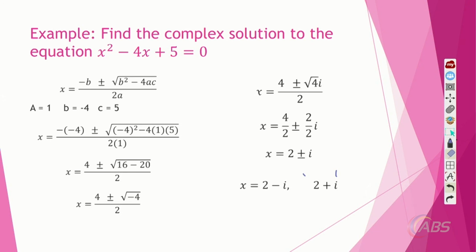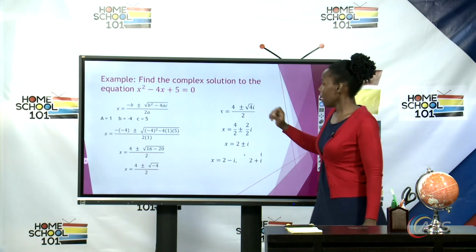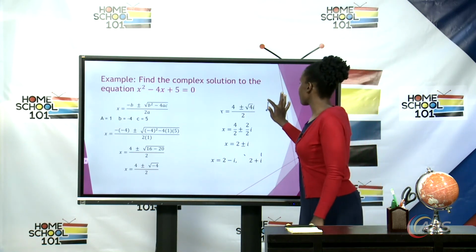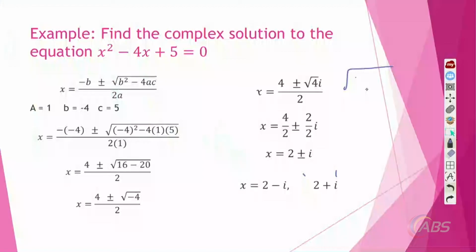So what we can simply do is think of this as the square root of 4 times negative 1, and therefore I can rewrite this as the square root of 4 times the square root of negative 1.